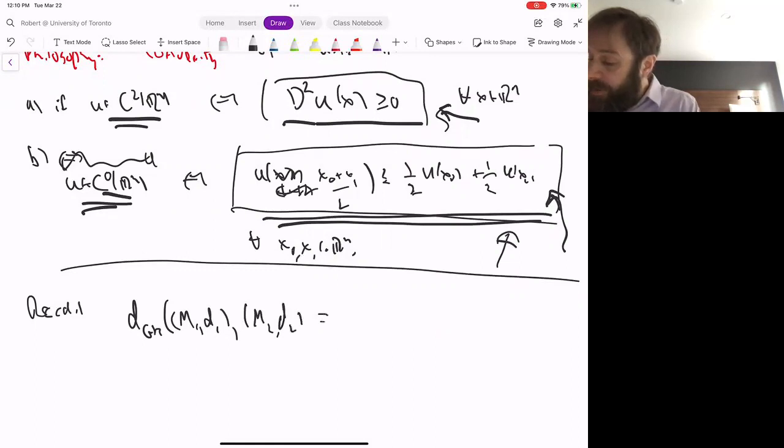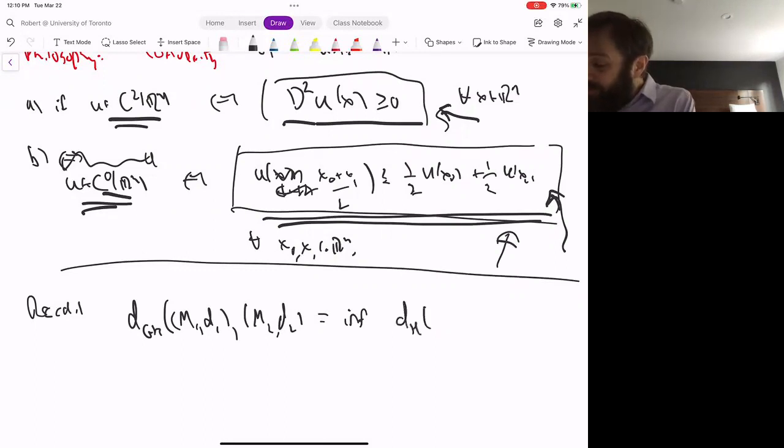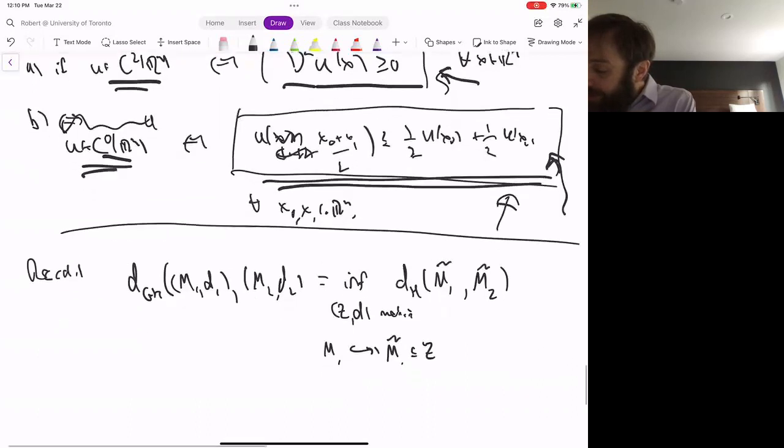You can think of it as being the infimum of the Hausdorff distance of M1 tilde and M2 tilde over all target metric spaces Z, D, with M1 isometrically embedded in Z and M2 isometrically embedded in Z.